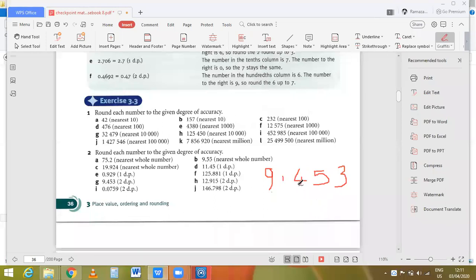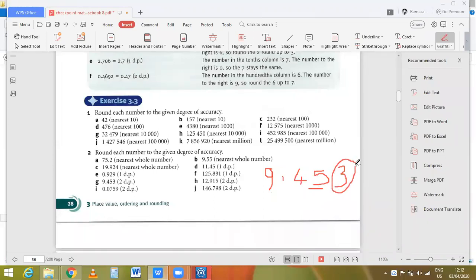This is the first one after the decimal, and this is the second one. Is there any problem up to here? No. Okay, so we found it. One more thing you are going to find out: the decider. Who's the decider? 3 is my decider.